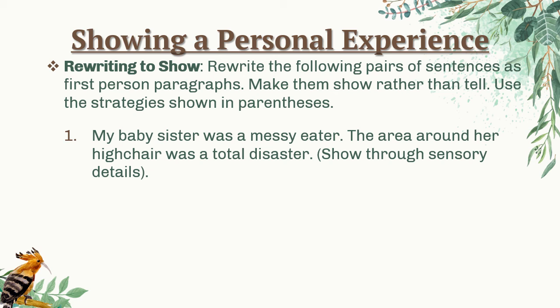So what you see, what you smell, what you taste, what you touch. Do not tell me she is a messy eater. I don't want to see that the area around her high chair is a disaster, meaning it's messy. Show me that it's messy by your descriptions. Is there baby food on the floor, on the ceiling? Show me. Don't come out and tell me. Show me.